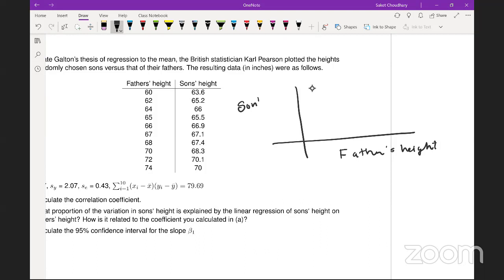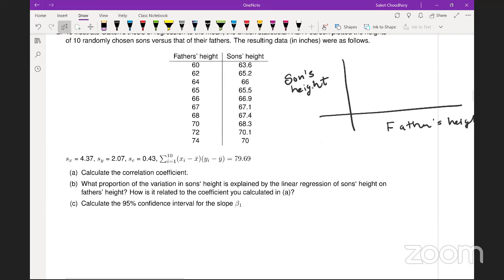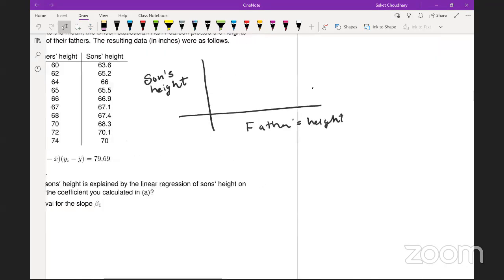The son's height is something that we expect to be dependent on the father's height and not the other way around. Okay. You're given this kind of information and you're asked first to calculate the correlation coefficient. The next question is what proportion of the variance in the son's height is explained by linear regression of son's height on father's height. And finally, you're asked to calculate the correlation coefficient.